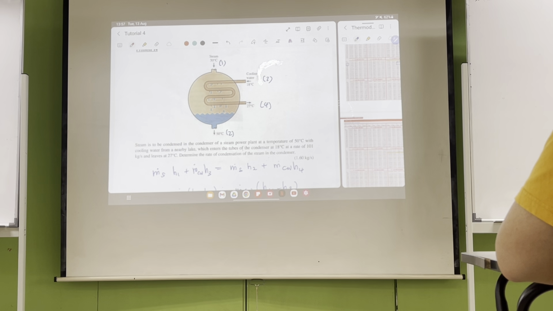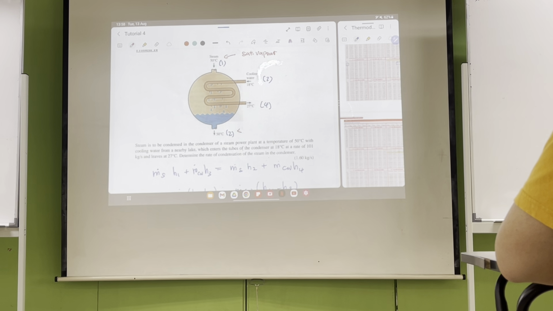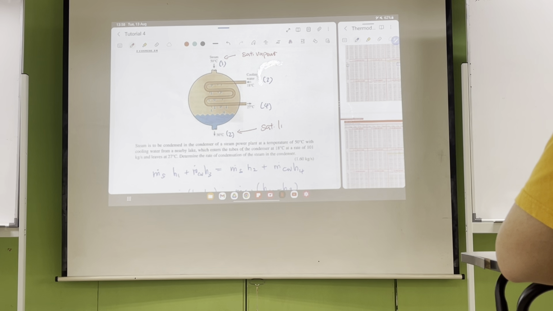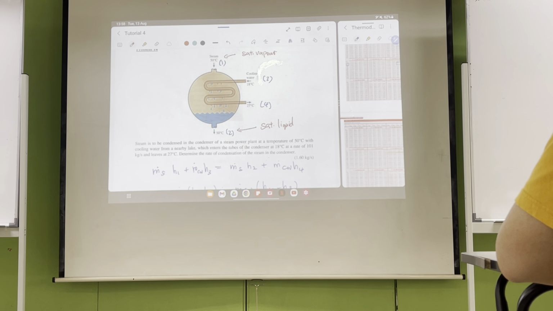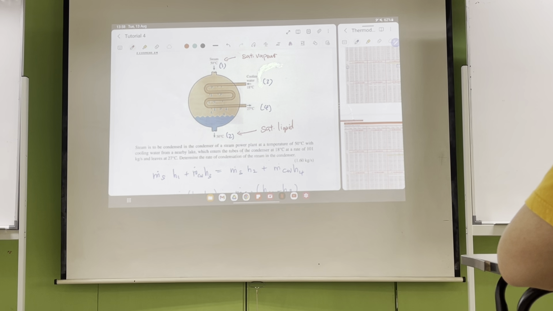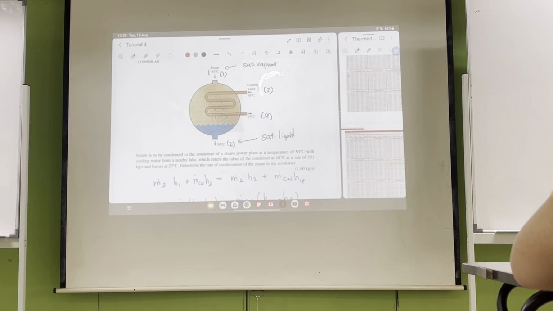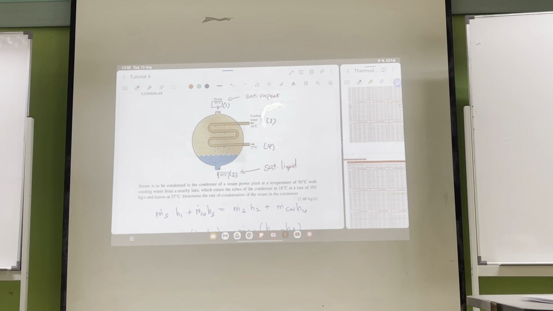So this is actually a saturated vapor, and it comes out as saturated liquid, which is why there is no temperature change. 50 degrees Celsius, then it maintains at 50 degrees Celsius.